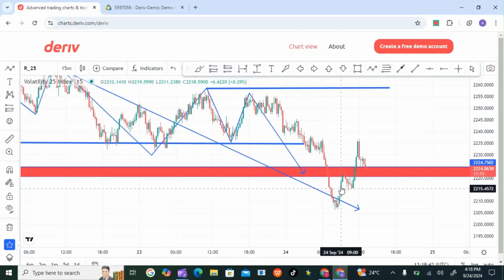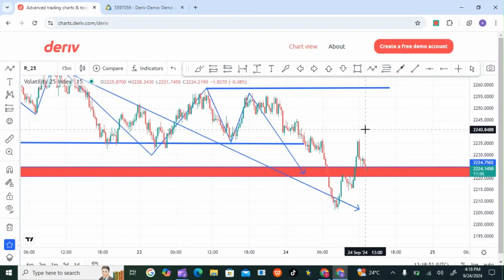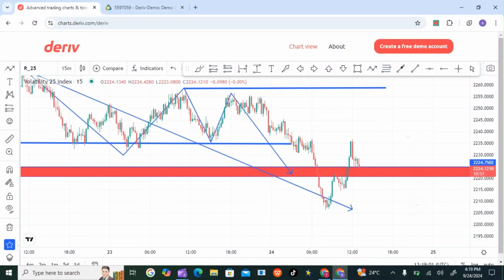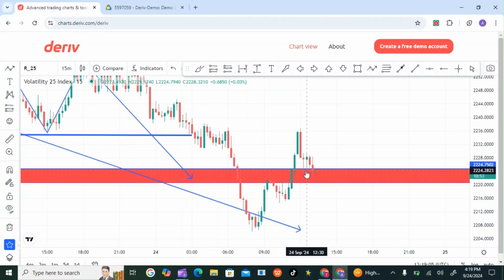It's creating higher low, lower low, higher low, higher highs, higher low, higher highs, but currently on a downtrend. So if this is so, you can see the zone it is here, and this might be a pullback before it moves down again.